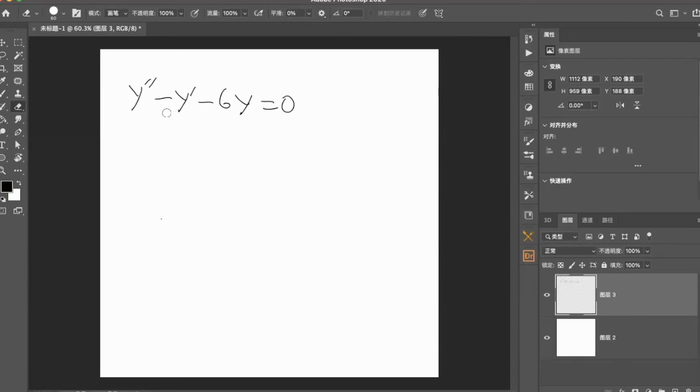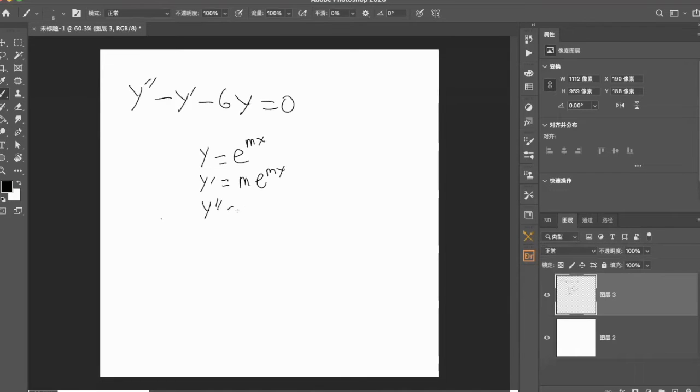Well, let's say we set y equal to e to the mx. So y prime will just be m e to the mx. Y double prime will just be m squared e to the mx. And when we plug it in, there's a small algebra manipulation.